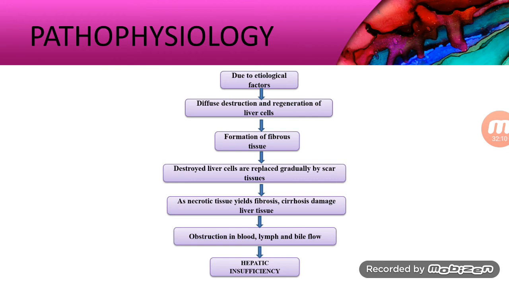And at last hepatic insufficiency will be there. What is hepatic insufficiency? Hepatic insufficiency is nothing but the liver cannot function properly. So due to that, liver cirrhosis will occur.